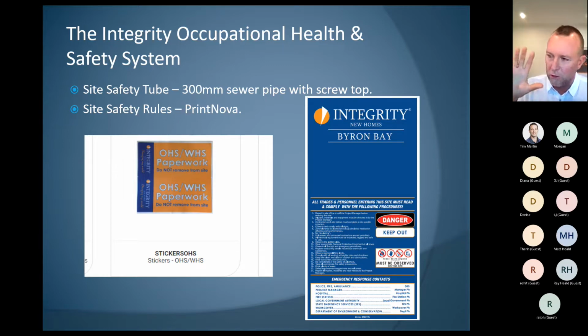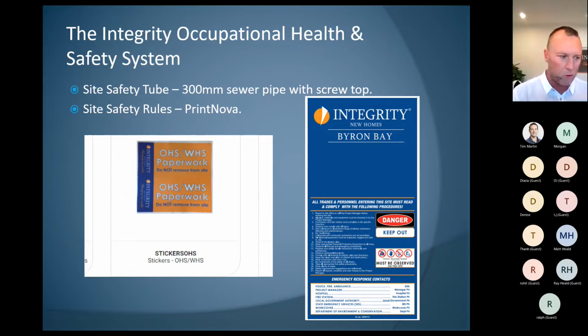So I think you should have somewhere on site if you're going to use a more manual system like we're talking about today. And you also need a site sign that deals with occupational health and safety. I've got an example of that on the screen. It talks about dangers, it talks about emergency response contacts, but most importantly, it's got the site safety rules visible to everyone.